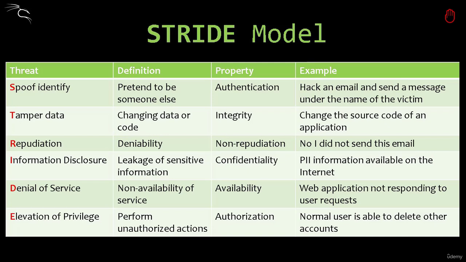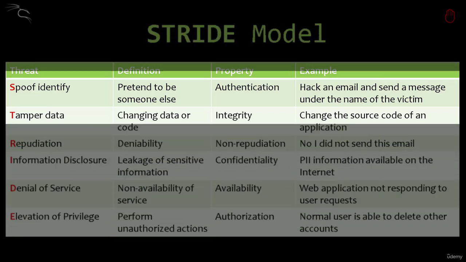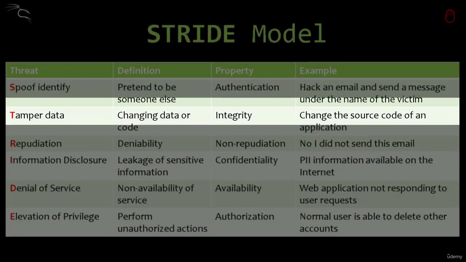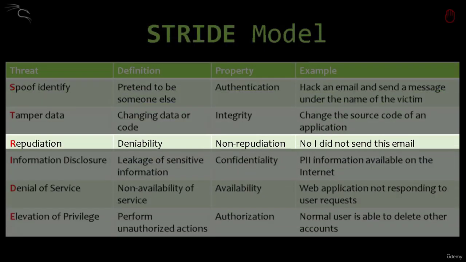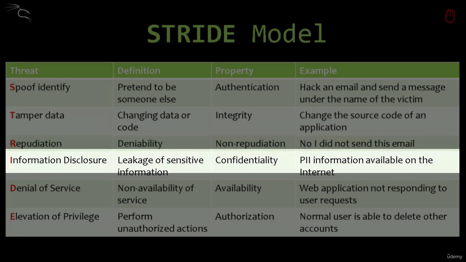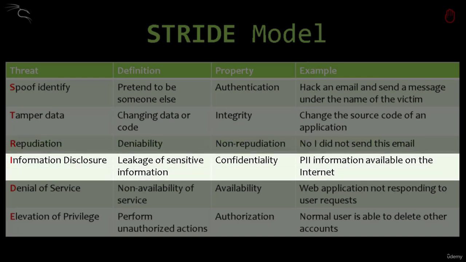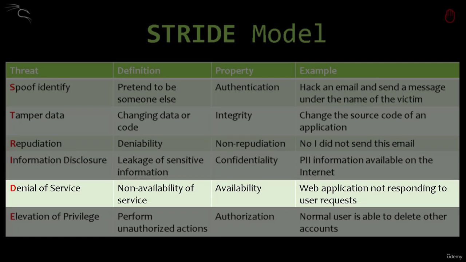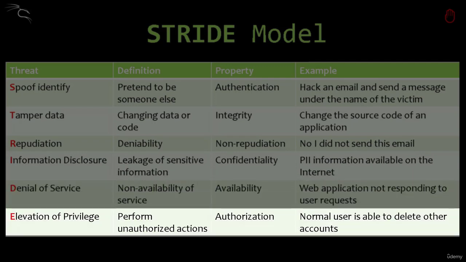The ultimate goal of STRIDE is to go through the process and start asking ourselves, how can someone spoof his identity? How can someone tamper with our data? How can we make sure that there is no repudiation? How can information be disclosed, and how can someone take advantage of some vulnerabilities to cause a denial of service? And how can someone access the system in an unauthorized way?